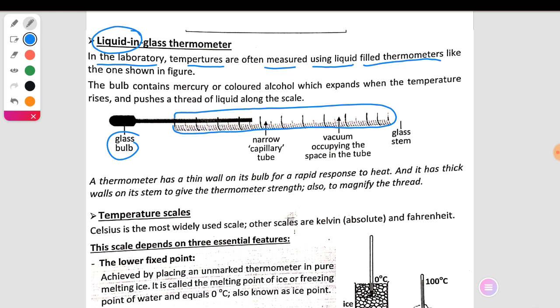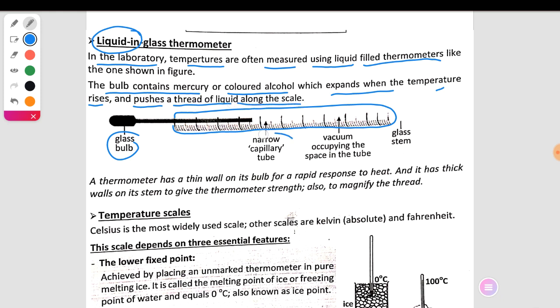The thermometer contains a liquid like mercury or colored alcohol. The bulb contains mercury or colored alcohol, which expands as the temperature rises and pushes a thread of liquid along the scale.